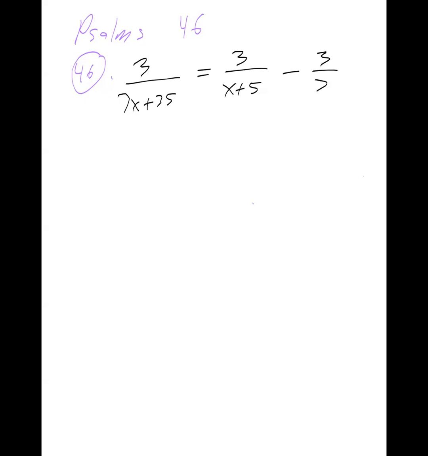So it's 3 over 7x plus 35 equals 3 divided by x plus 5 minus 3 over 7. And we have to solve this. So first of all, we can't solve it by cross multiplying because it's not just a proportionality with one fraction on each side. It has 3 total terms, not just 2. So first I have to factor.